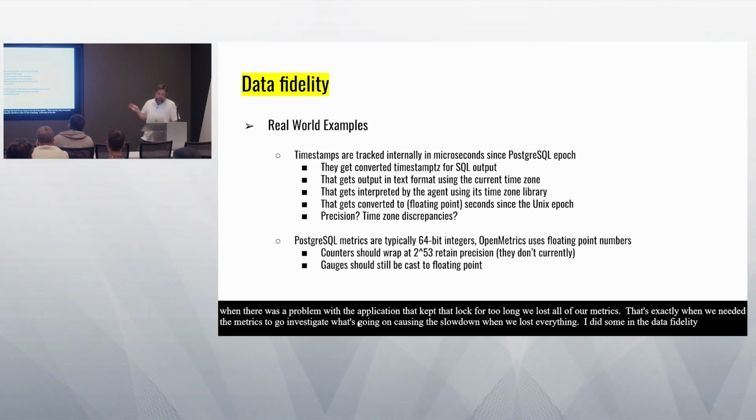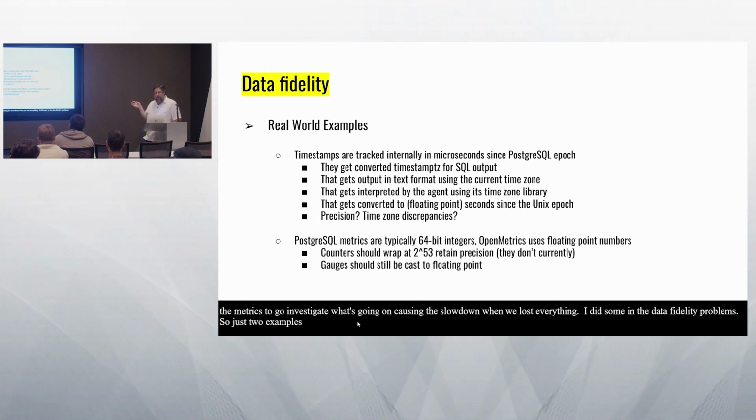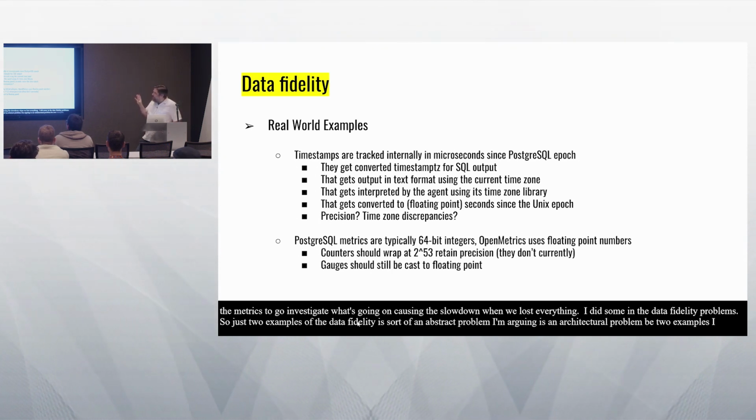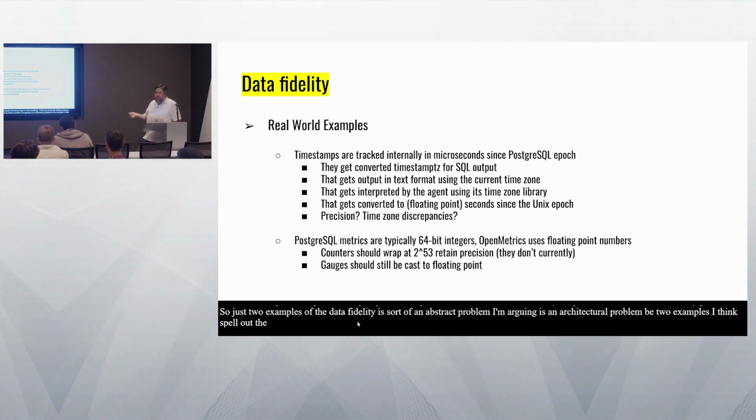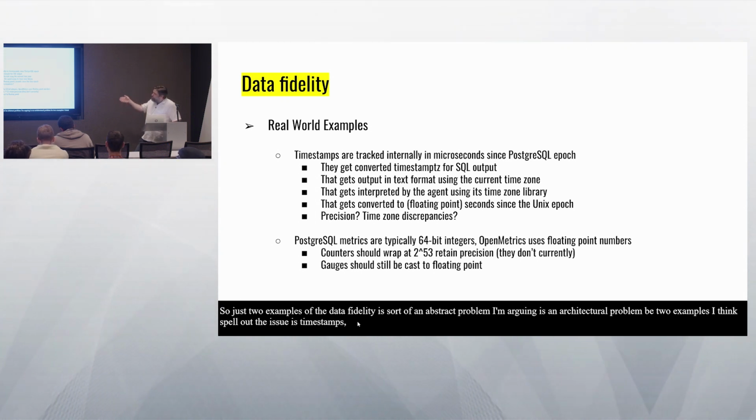Then the data fidelity problems. Data fidelity is sort of an abstract problem that I'm arguing is an architectural problem, but two examples that I think spell out the issue. First is timestamps, which internally are stored as microseconds in an integer from one epoch.